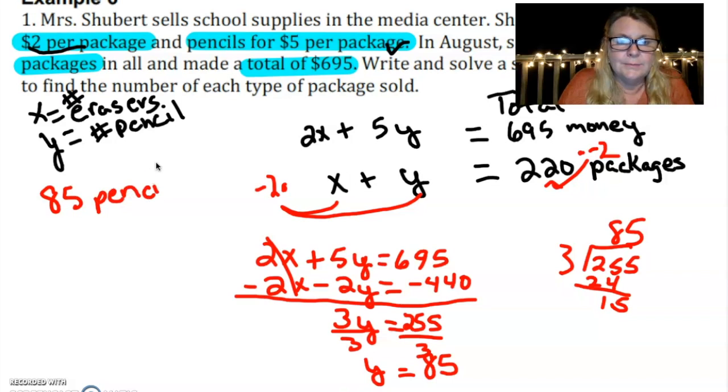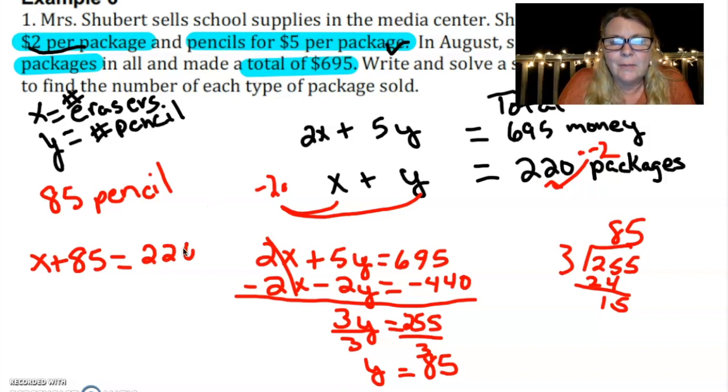We think. Now that's the number of pencils, so we're going to plug it back in, and one is generally easier than the other. So we plugged it in, and let's check and make sure it works. If we had 85 pencils, and that was your y, then what could I add to that to give me 220?